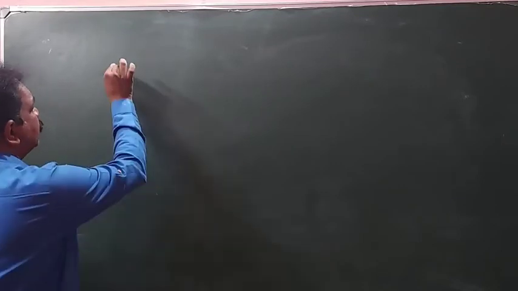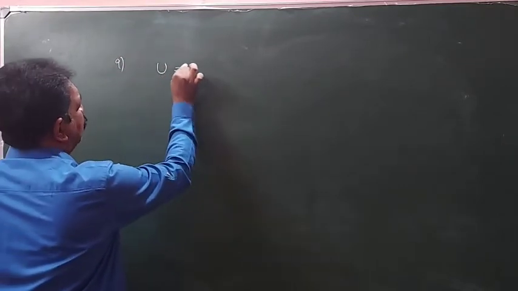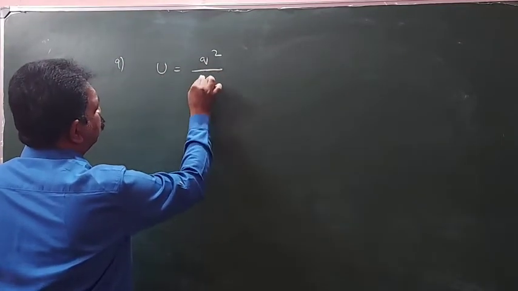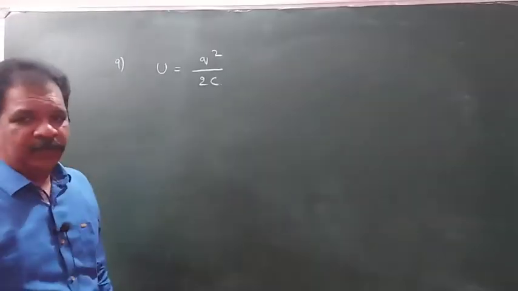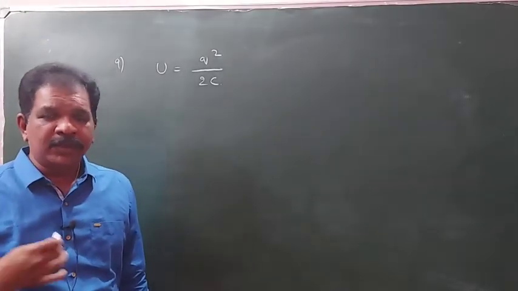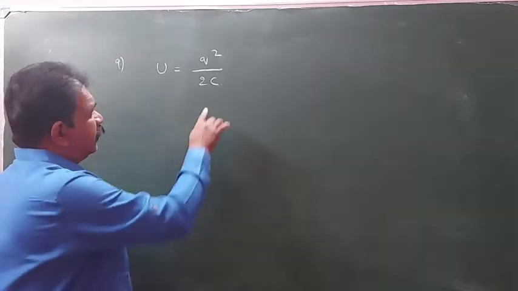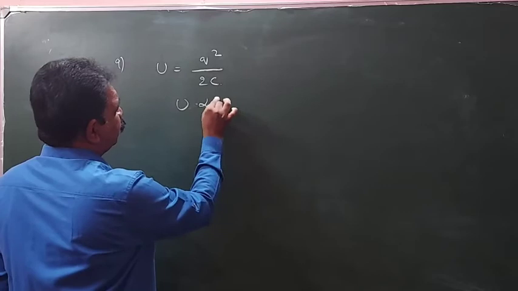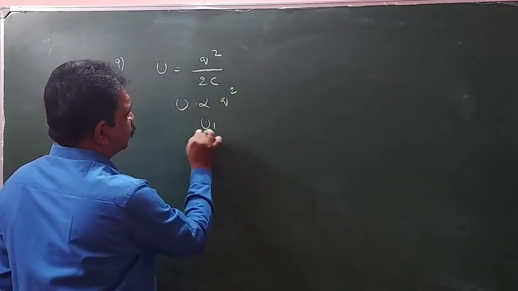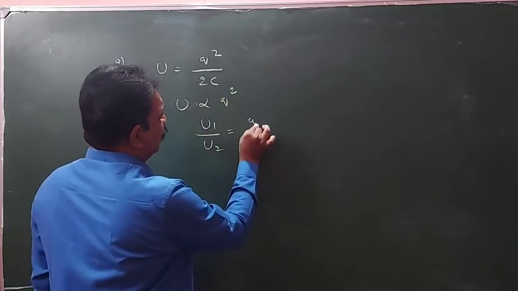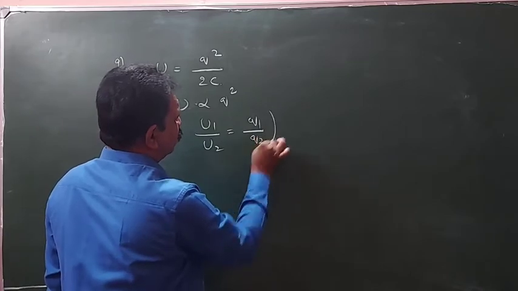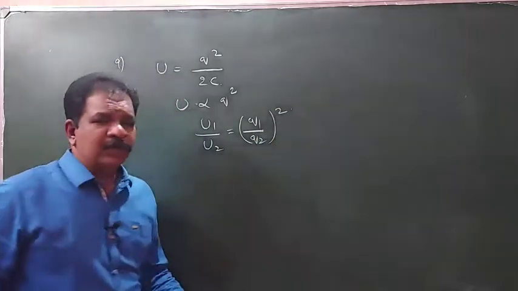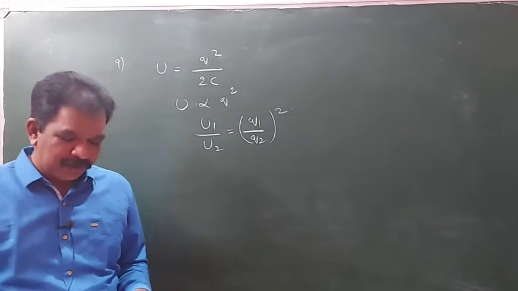So ninth question, we'll take this formula, U is equal to Q square by 2C, the energy stored in the capacitor. Here capacity is constant, so U is proportional to Q square. U1 by U2 is equal to (Q1 by Q2) whole square.